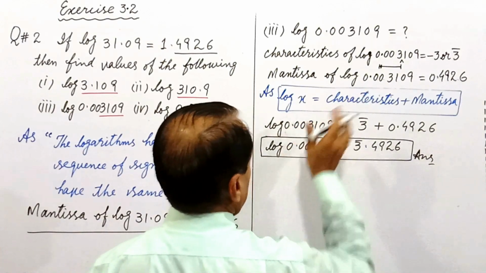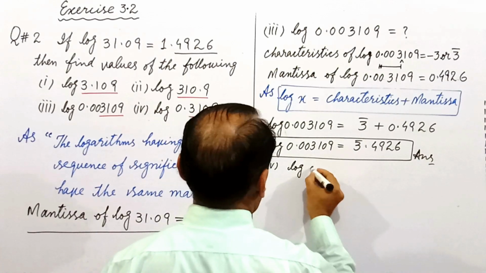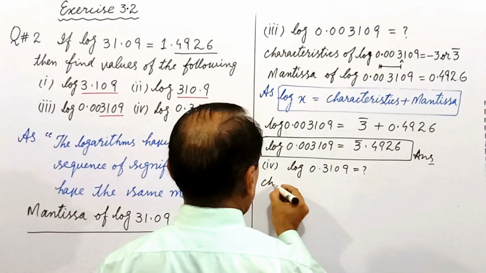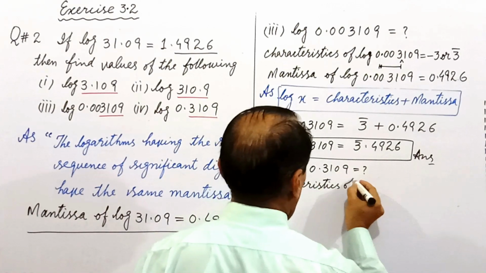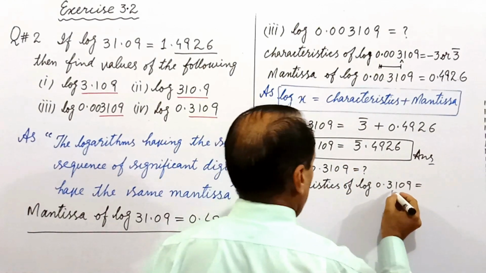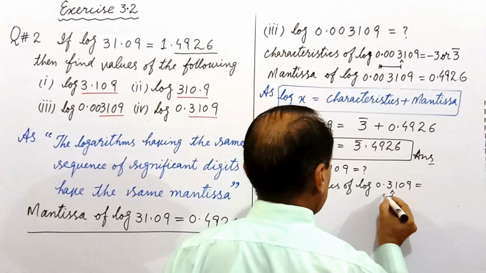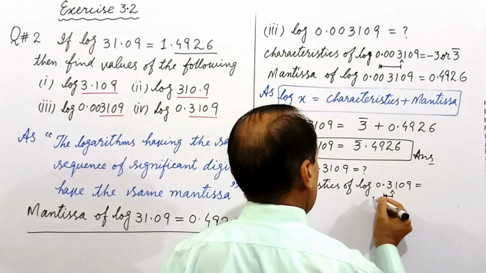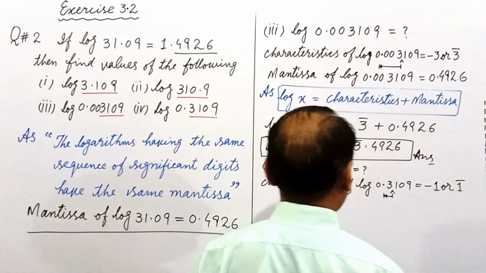Part 4 is the same as part 3. We are required to find the value of log 0.3109. We first find the characteristic of log 0.3109 by placing the reference position after the first non-zero digit from the left hand side, and count the digits between the decimal point and reference position, that is 1, and as the decimal point lies on the left hand side, the characteristic will be -1 or 1 bar.